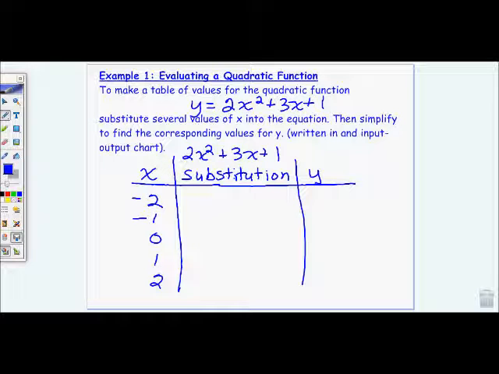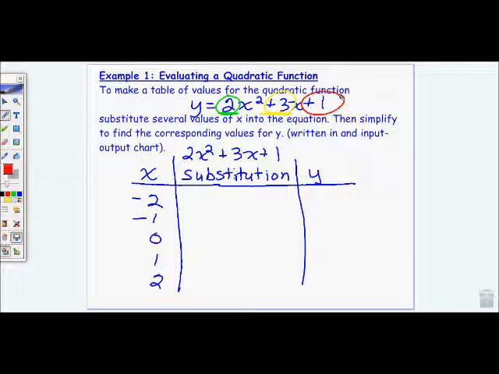All right, so how do we evaluate a quadratic function? We have another quadratic equation here: 2x squared plus 3x plus 1. Let's go ahead and circle them; that'll be easier for you to see. So there are our a, b, and c terms again.